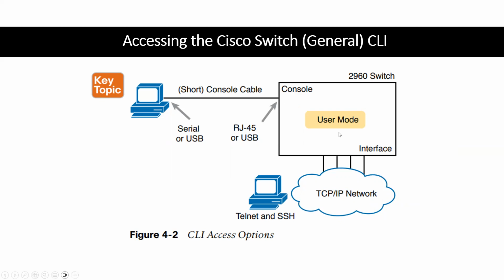It goes into the device, we first get into user mode, and boom, we're in. Without getting granular, there are different things as far as AAA and putting in a username and password. We'll get into that later. The core of it is how we access a device through a console port. We use a console cable.